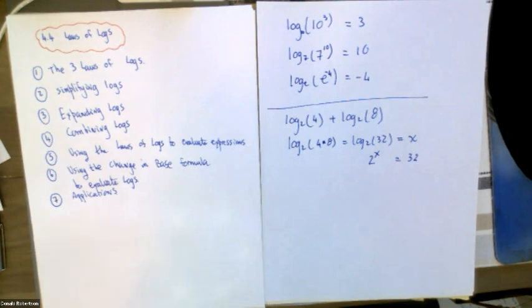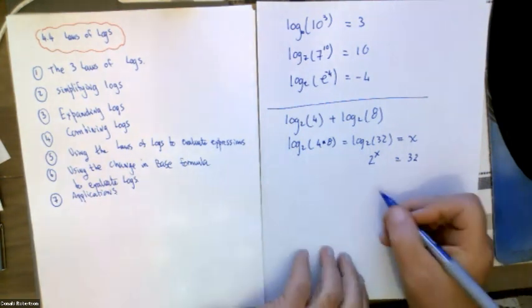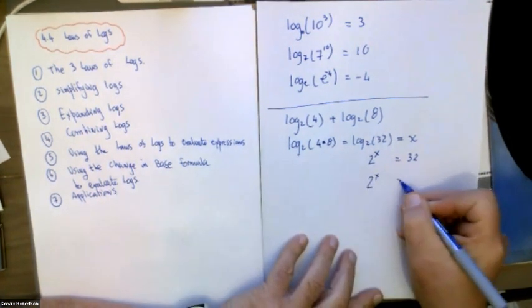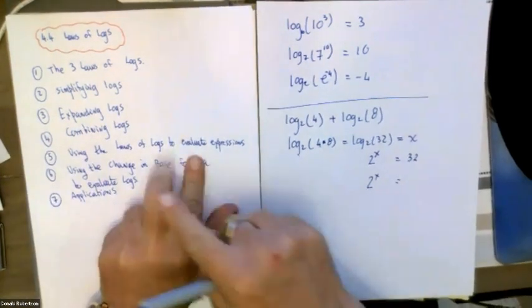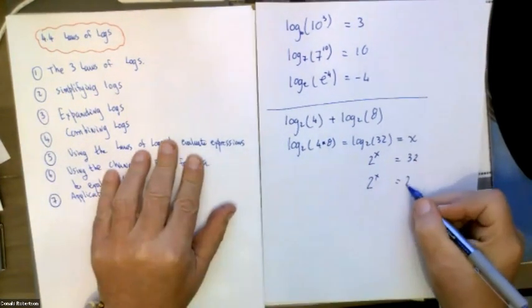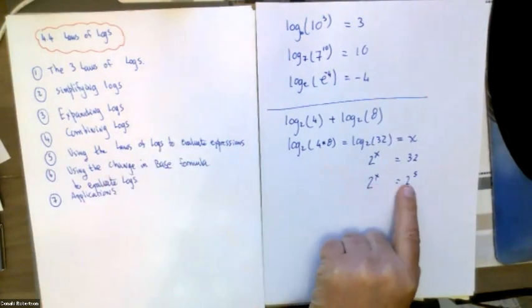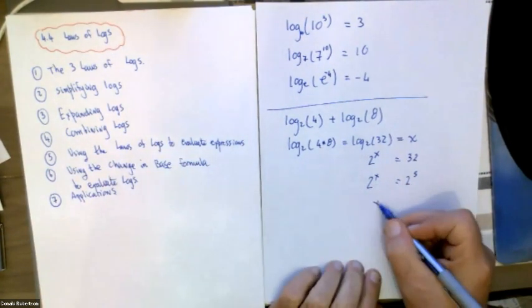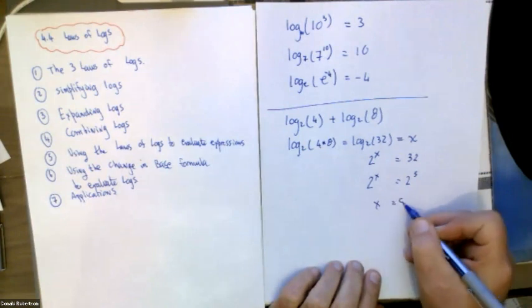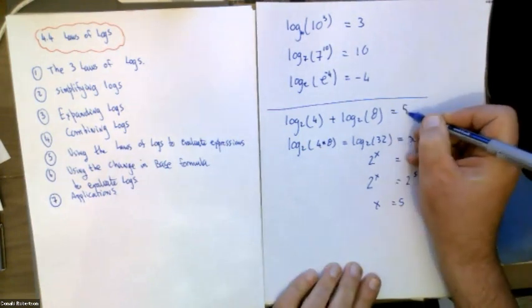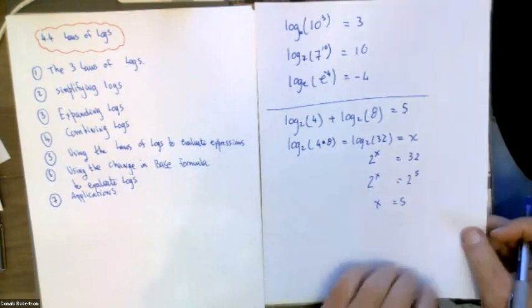Is 2 cubed 32? Is 2 to the power of 4 32? Is 2 to the power of 10 32? Which would work. Or you could do it this way. Can you just go 2, 4, 8, 16, 32? And so if 2 to the power of x is 2 to the power of 5, then x is 5. Which means that the answer to this thing is 5.